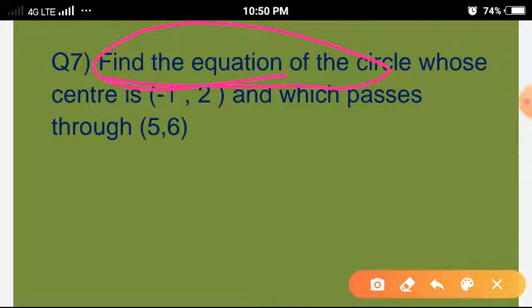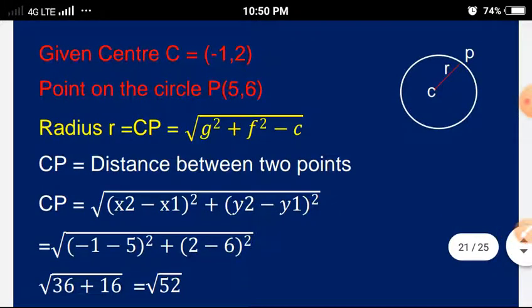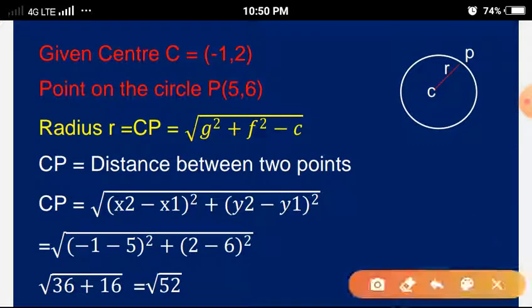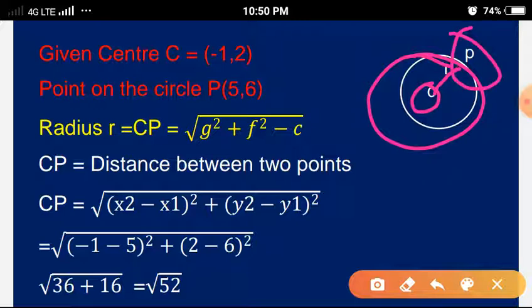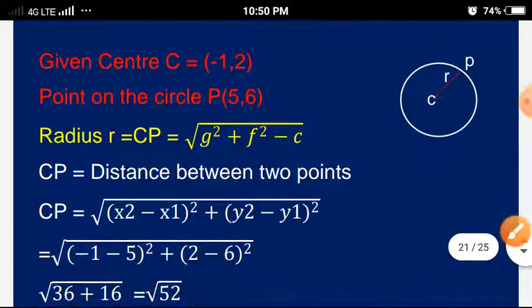We have to find the equation of the circle whose center is given and which is also passing through 5 comma 6. Let us see the solution. For this problem, the circle has a center and passes through a point, so we can easily find the circle equation.